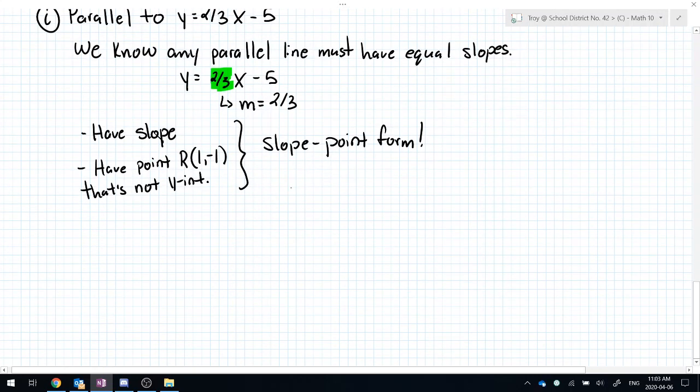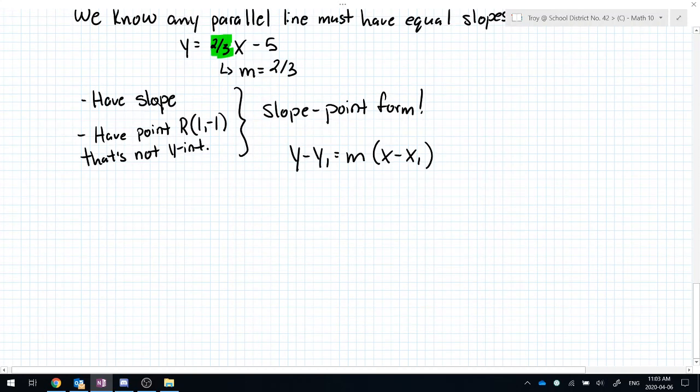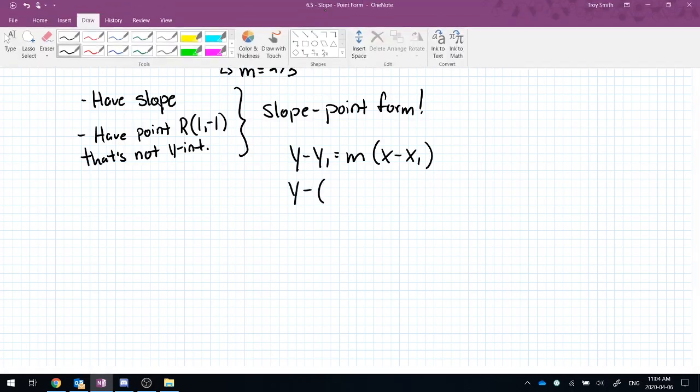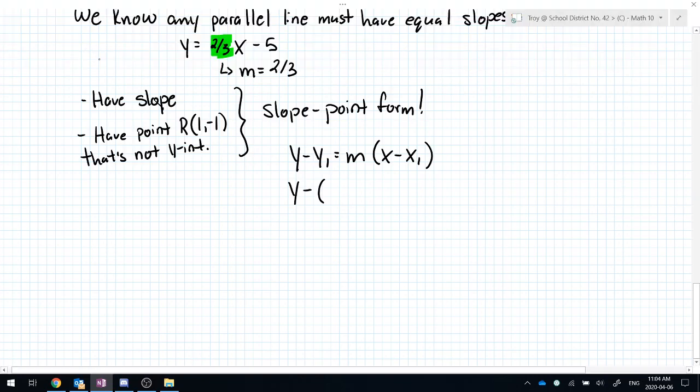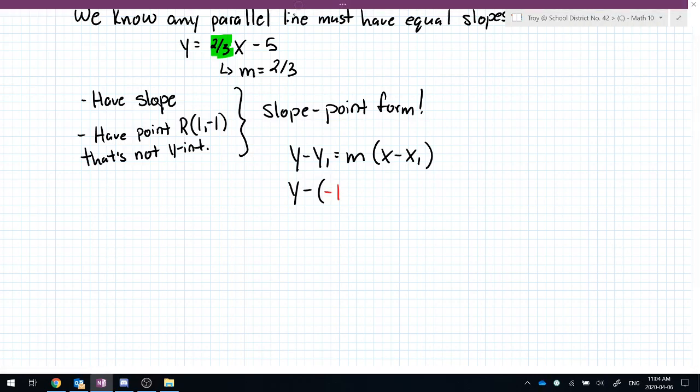Okay, so again, that's y minus y1 equals m times x minus x1. So we know it has to go through the point 1, -1. So I know y1 is going to be that coordinate. It must be -1.